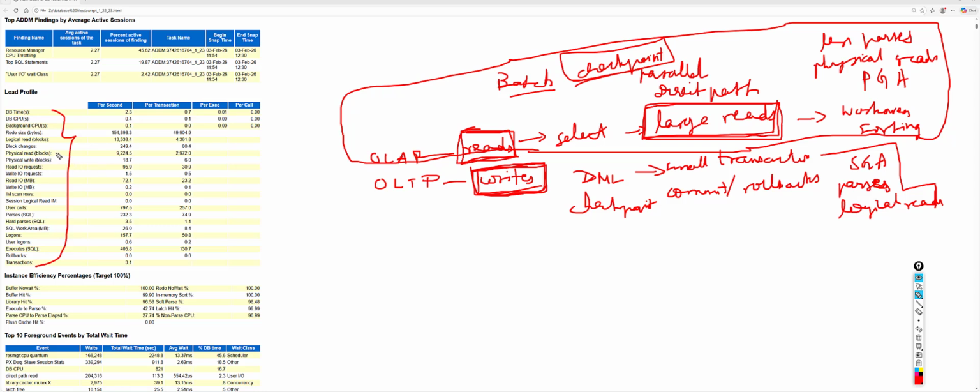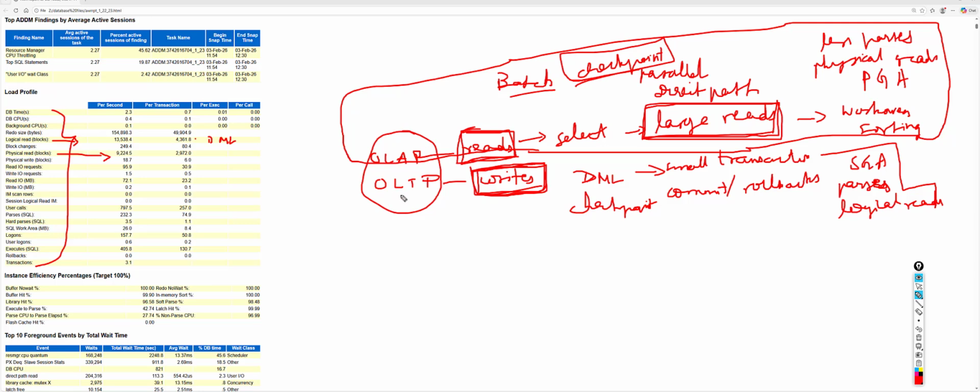Right, so just see the logical reads. So here there are a lot of logical reads. So this means that a lot of DMLs should have happened. And also if you see, physical reads are also high. So this is where there may be some systems which will be a combination of both OLAP and OLTP.